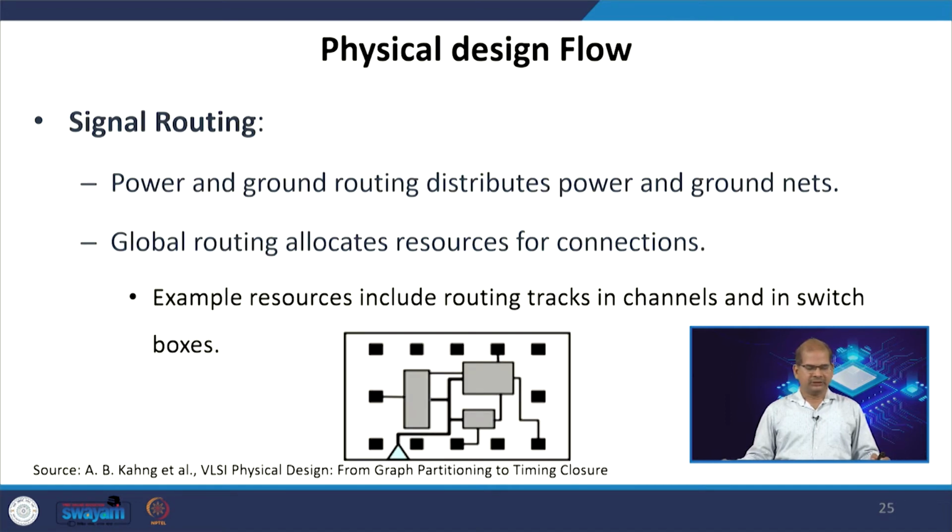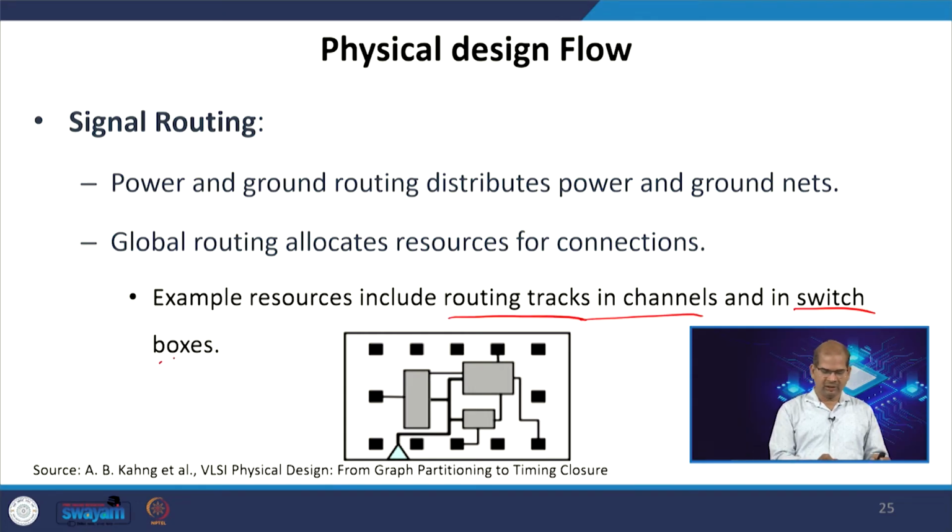In signal routing, we have power routing, which is VDD and ground routing, and also global routing. Global routing defines the routing tracks in the channels and switch boxes. It does not give you the actual routing; it collectively gives you the location of how the routings will go.